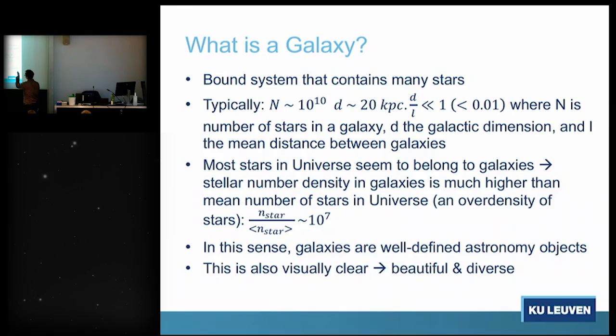Active galaxies also contain many stars, but the luminosity has a very significant component of something else, which we will come to. So perhaps we should say that a galaxy is something we can see in its radiation, yeah?